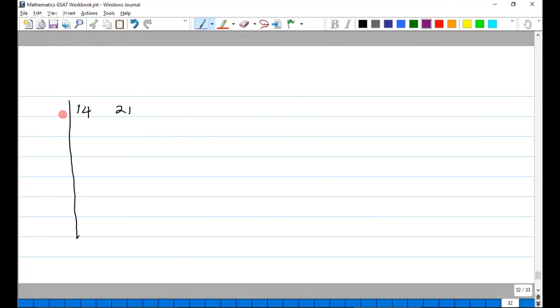Let's look at another one. 14 and 21. Can I use 2? 2 into 14 would go how many times? 7 times, sir. Can 2 go into the 21? No, sir. Write it back.